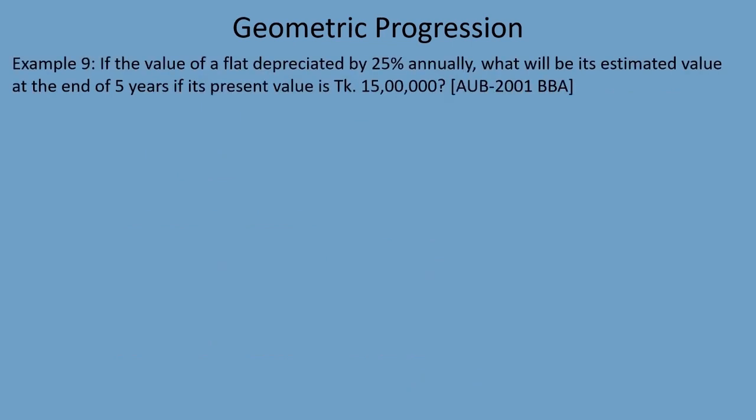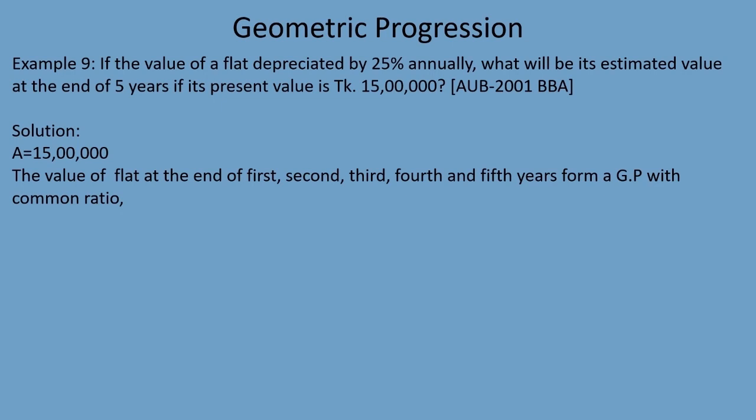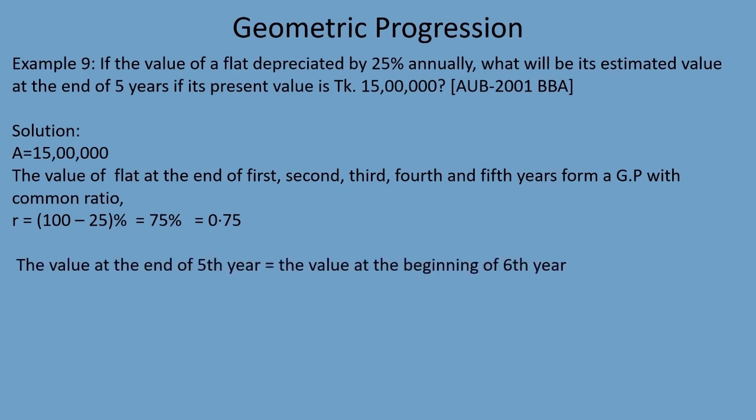Example 9. If the value of a flat depreciated by 25% annually, what will be its estimated value at the end of 5 years if its present value is 15 lakhs? Solution. a is equal to 15,000,000. The values of the flat at the end of the first, second, third, fourth and fifth years form a G.P. with common ratio r equal to (100 minus 25)% is equal to 75%, which is 0.75.